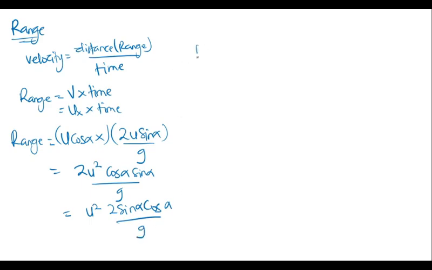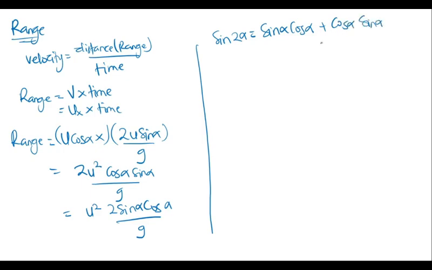Now from trigonometry, we have sine 2 alpha, and if we expand this, we get sine alpha cos alpha plus cos alpha sine alpha.